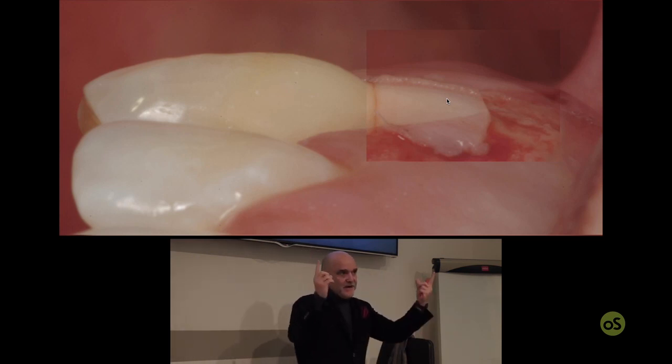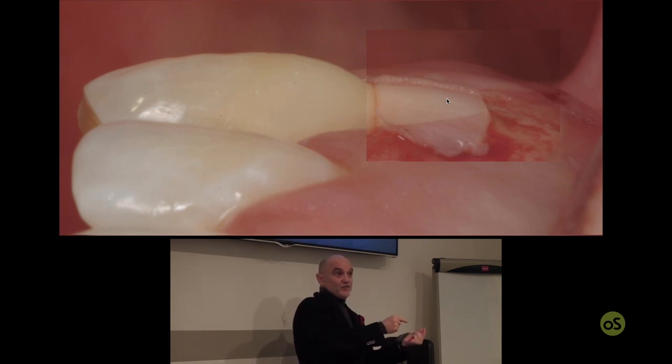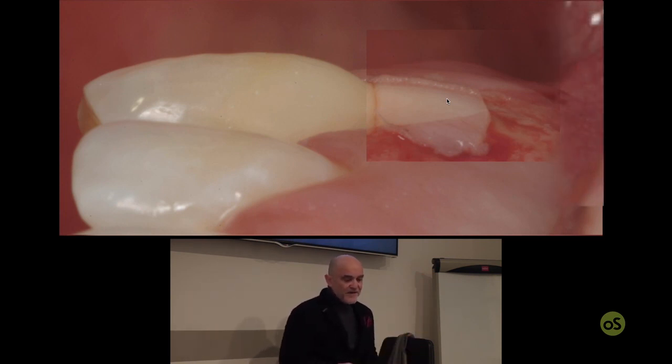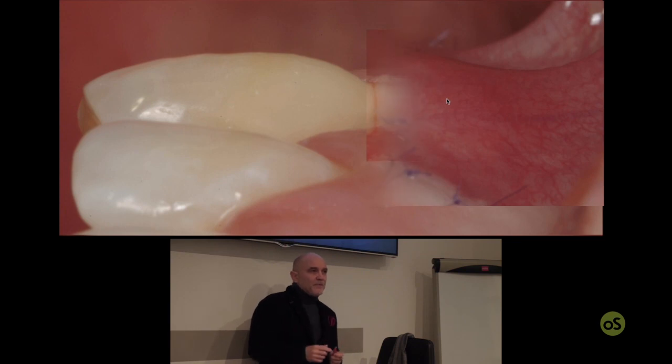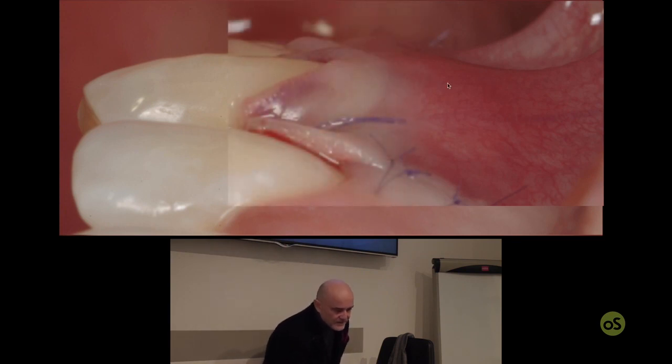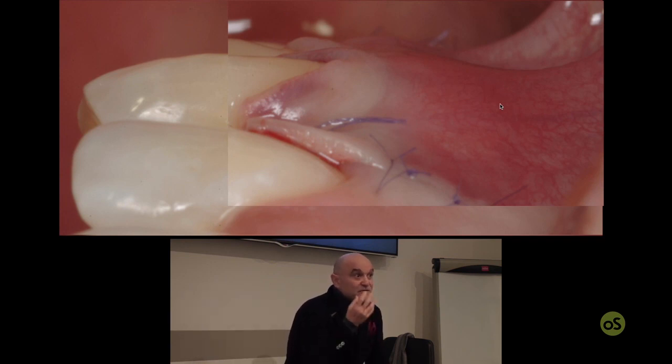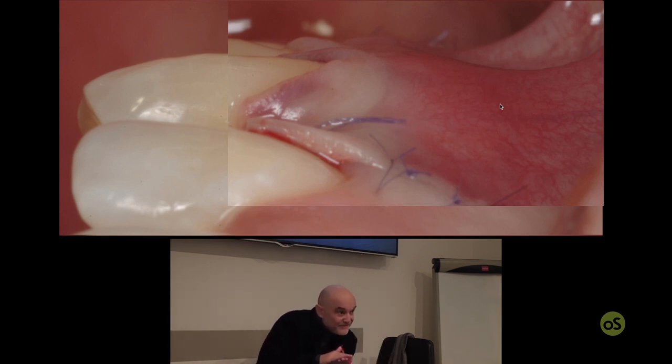But this is in relation to the amount of keratinized tissue you have in your flap. So if I have only 1.2 millimeters of keratinized tissue, this is placed on the enamel, and so it's only alveolar mucosa on the root. This is an indication to add a connective tissue graft, because the alveolar mucosa is not capable of staying separated from the concavity.